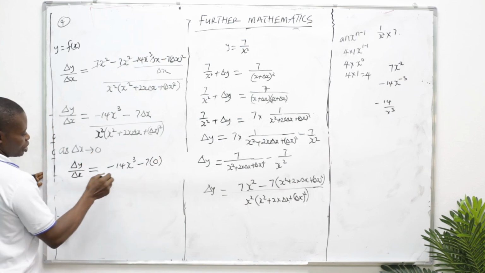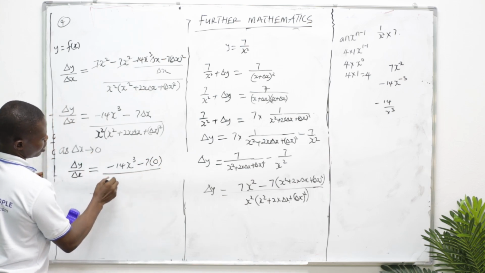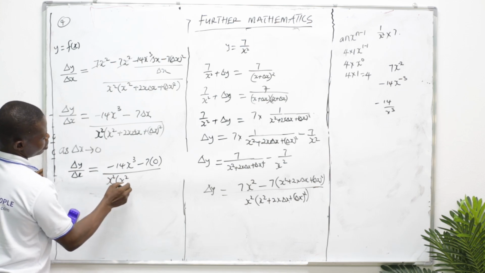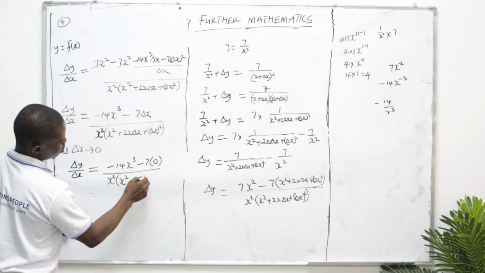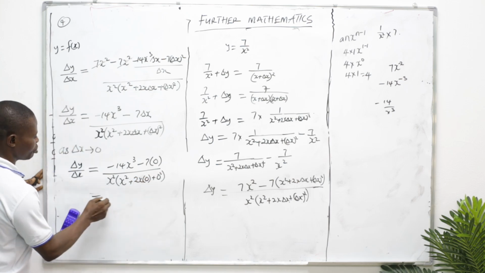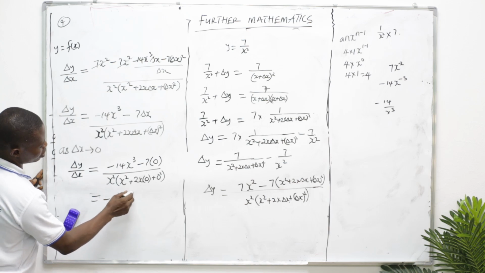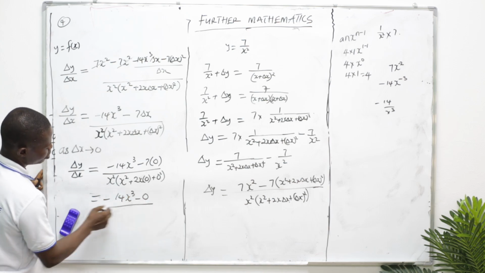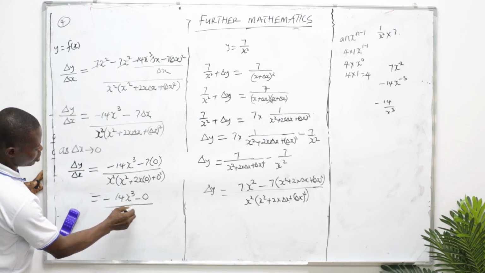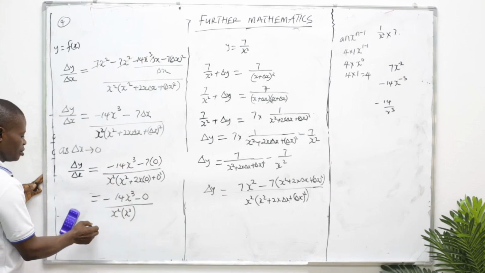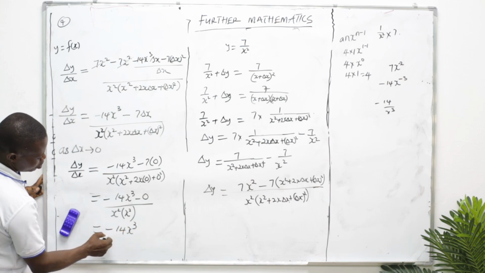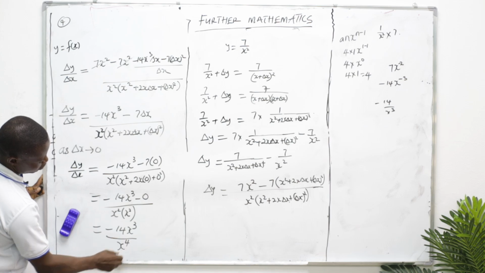Recall, as this approaches 0, all over s squared into s squared plus 2s into 0 plus 0 square. So this will give us minus 14s cubed minus 0 all over s squared into s squared, because everything here is 0. This will give us minus 14s cubed all over s to the 4.